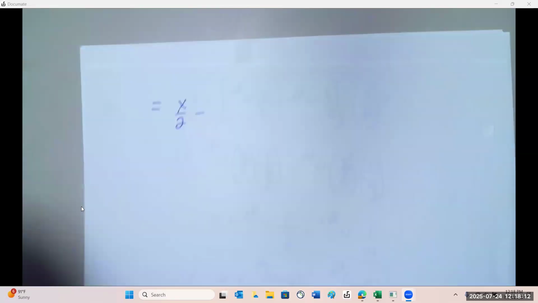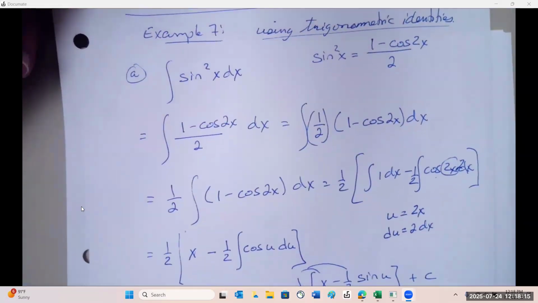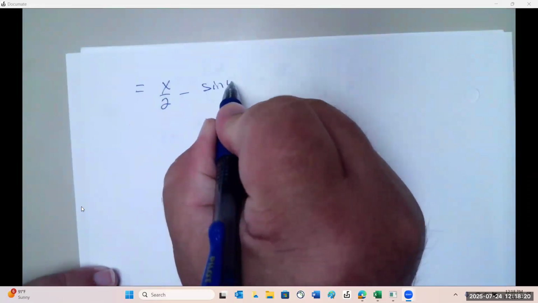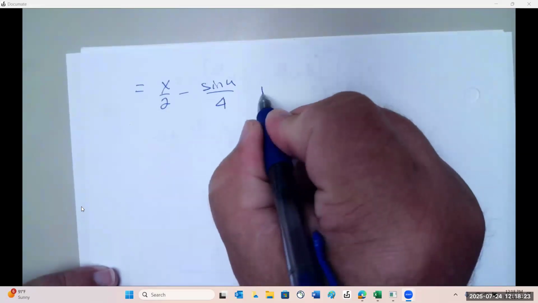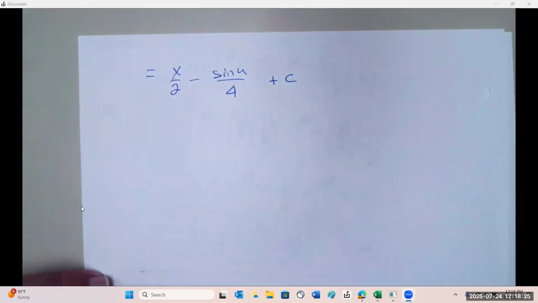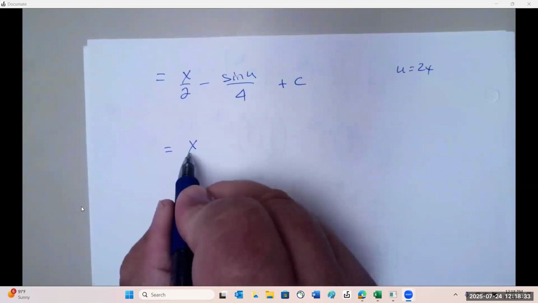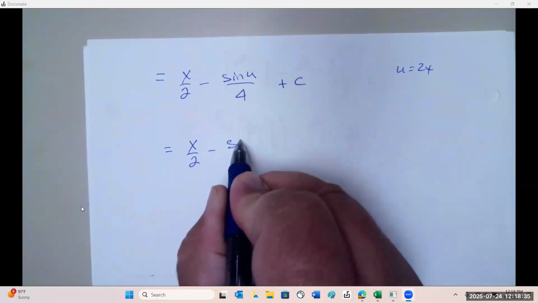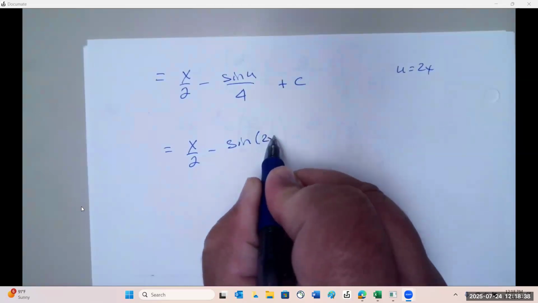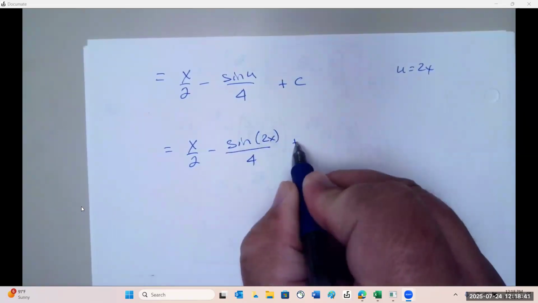So we get x over 2 minus 1/2 times 1/2 is 1/4, so it's sine u over 4, plus c. And u was defined as 2x. So it's x over 2 minus sine 2x over 4 plus c.